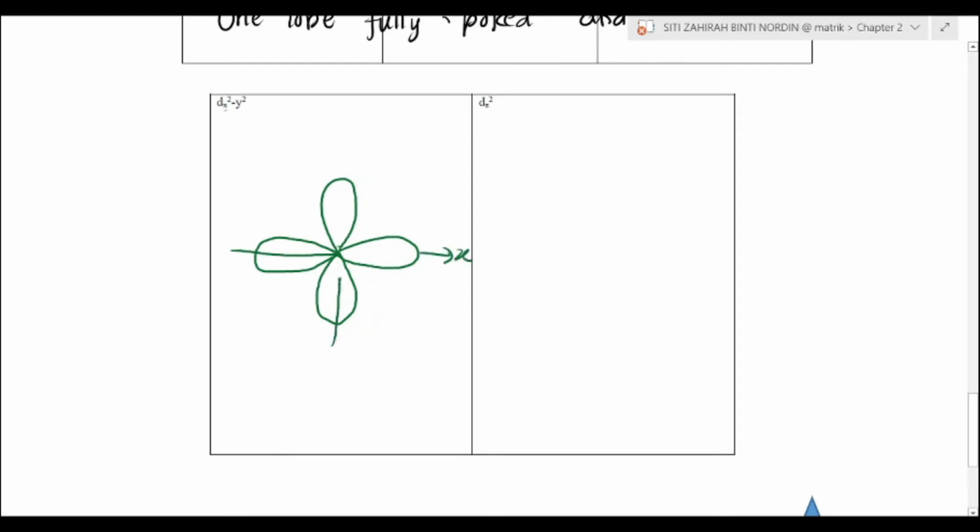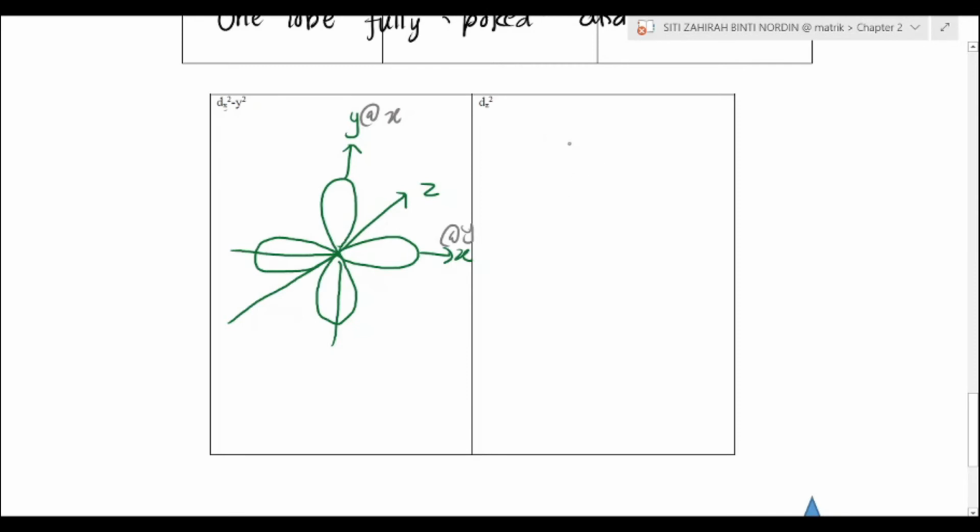Meanwhile, this must be the Y axis. So the Z axis would be in the middle of the lobes. Or you can change this X to become Y, or this Y to become X. So remember, one is fully poked, one emerges.